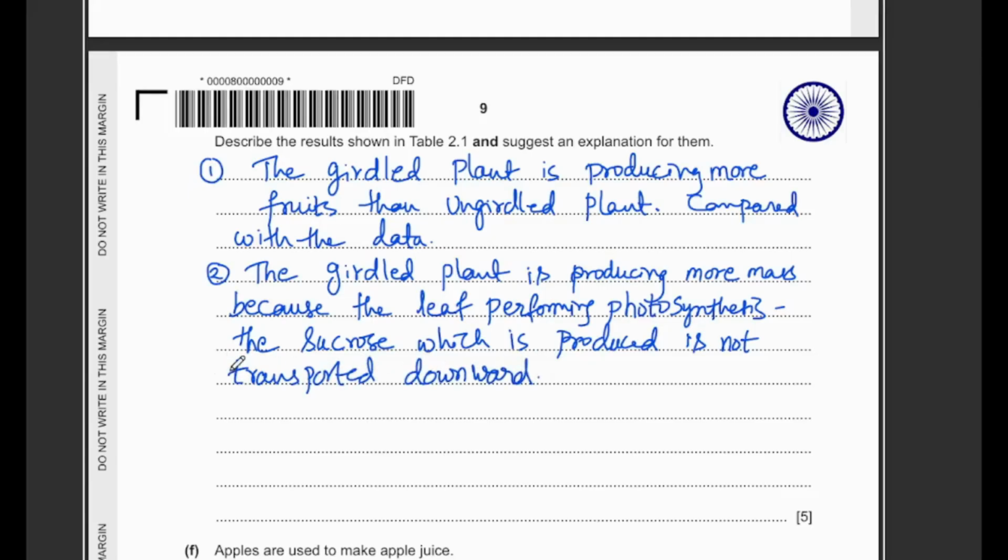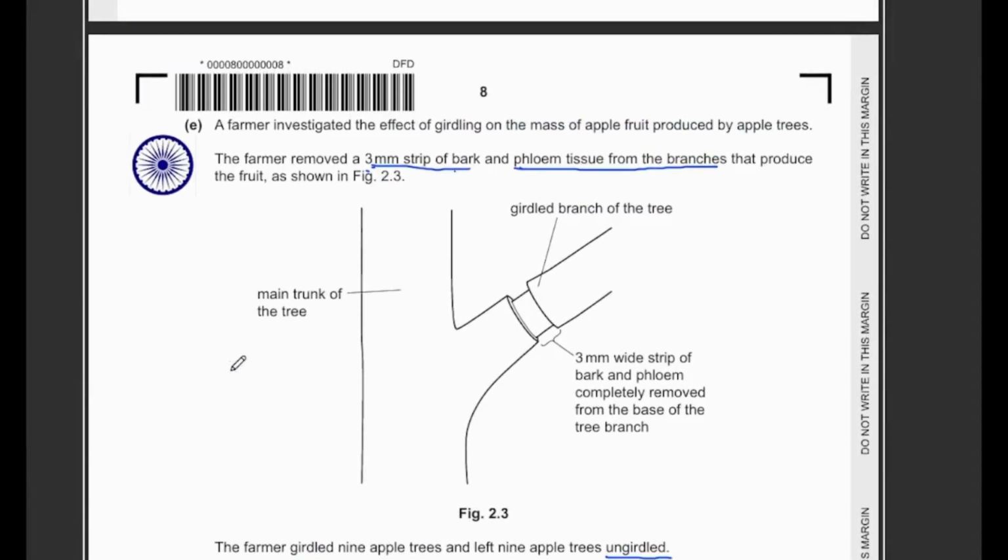Fine. So this is what one point is. Now the explanation here. See, xylem is transporting the water from the roots.